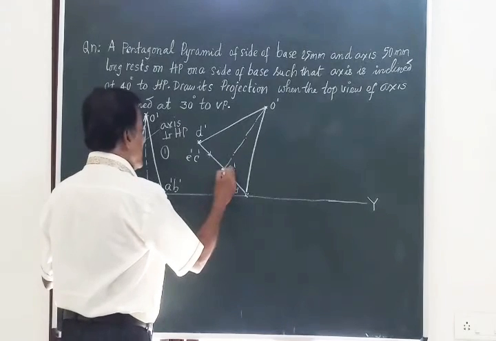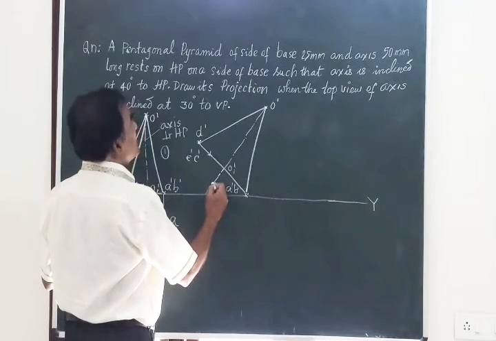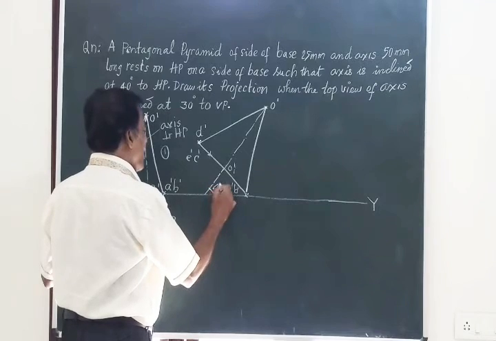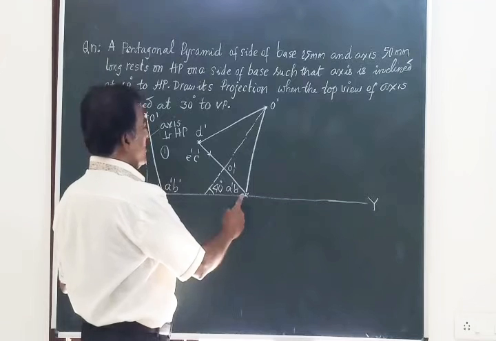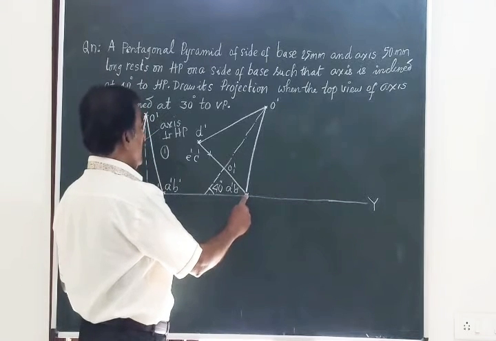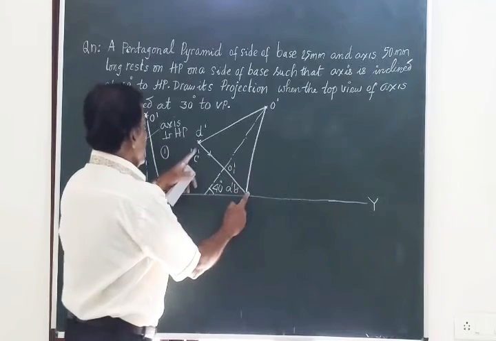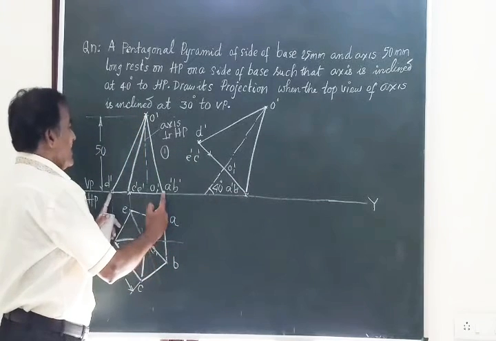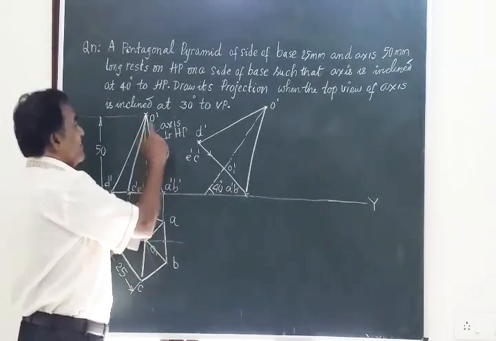So here he says that the axis is at an angle of 40 degrees to HP. So how do we construct this figure? Take some point A dash, B dash at random on XY. Mark this base A dash, B dash, D dash of length equal to the length obtained from the front view of figure number 1. I just draw that. I know the height of the solid.